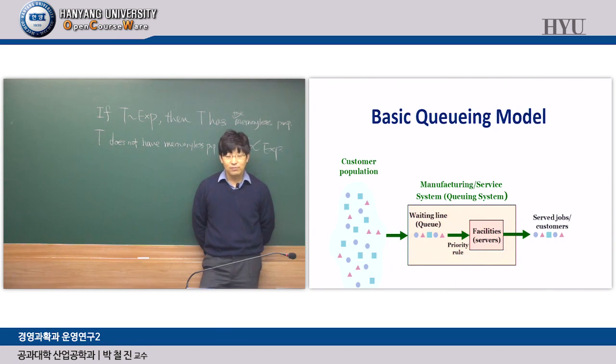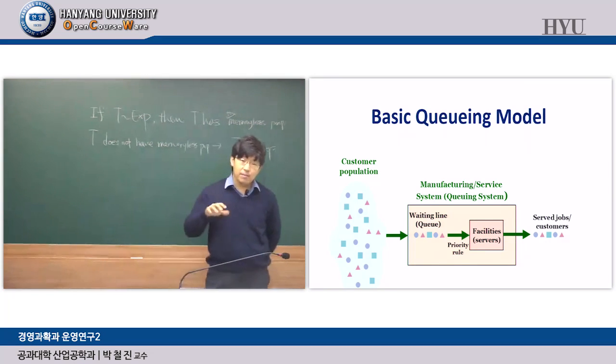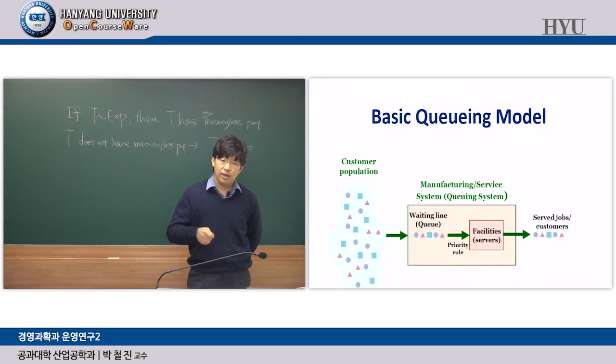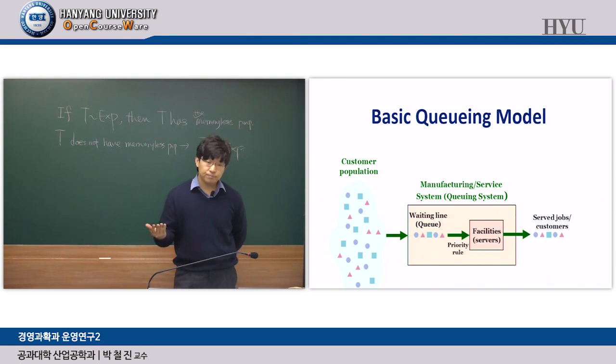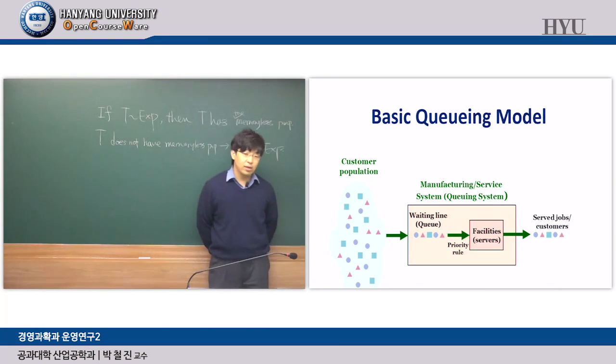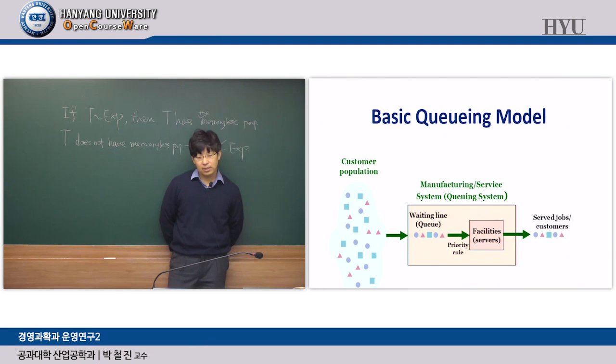If you consider a hospital, this population can be patients. If you consider manufacturing systems, this population might be parts and materials. Materials arrive to the system, and then machines and workers handle such materials and parts, and then we can get the product.